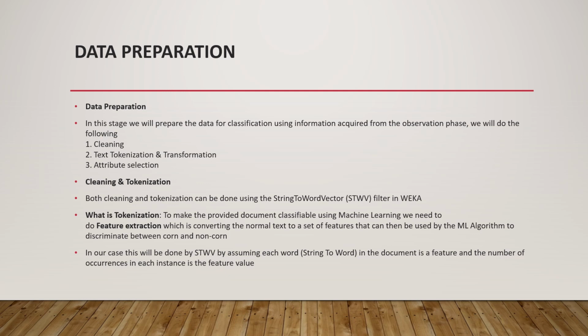In our case, we do this using the StringToWordVector conversion, where each word in the document is a feature and the number of occurrences in each instance is the feature value.